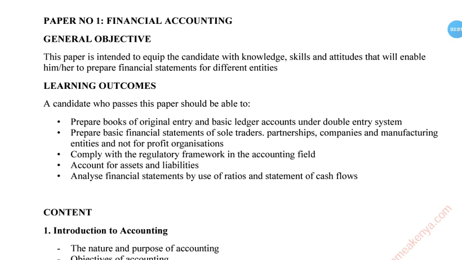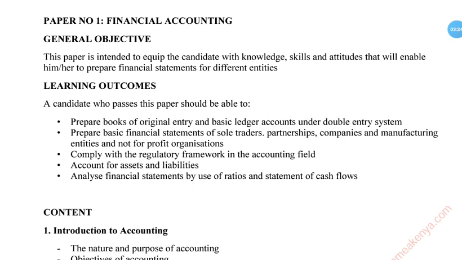A candidate should prepare basic financial statements of a sole trader, partnership, companies, manufacturing entities, and not-for-profit making organizations. A sole trader is a business carried on by one person as a sole proprietorship.